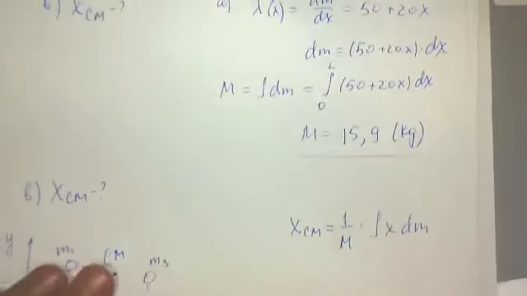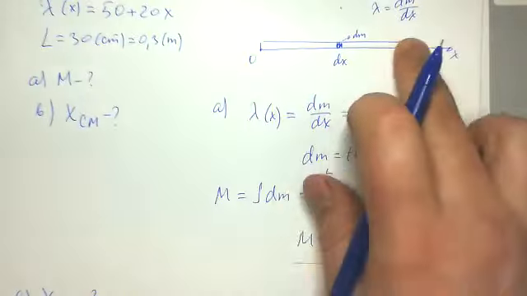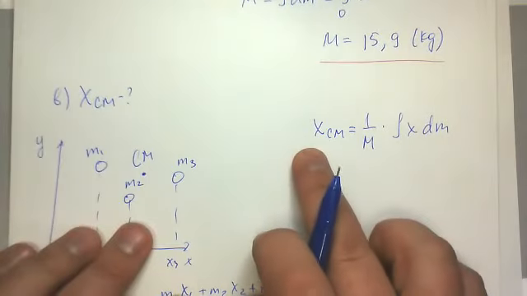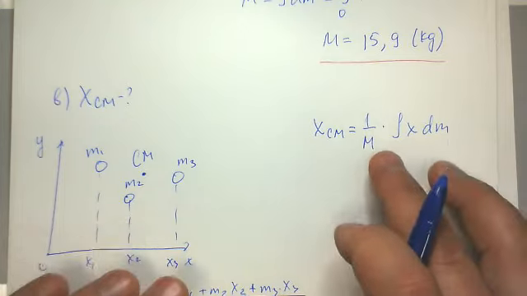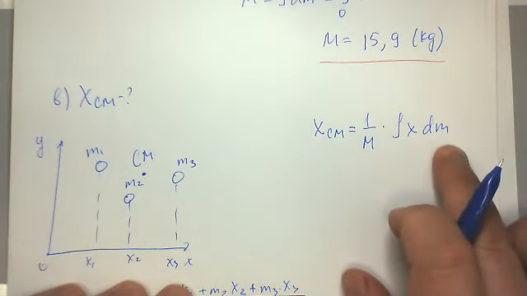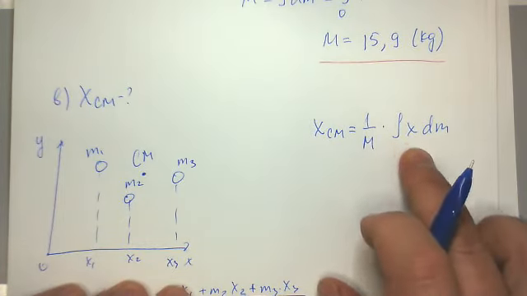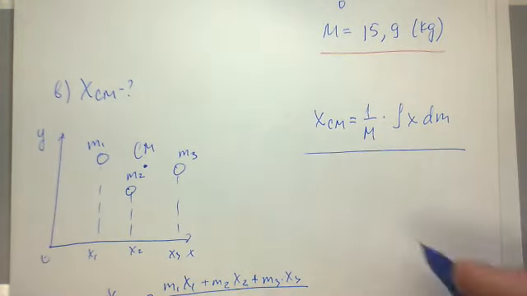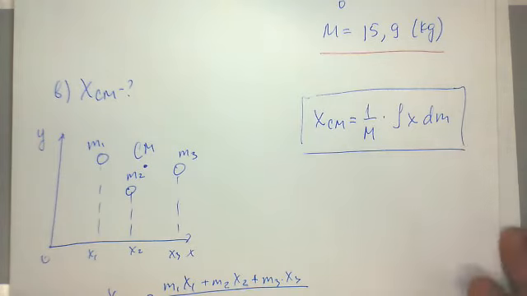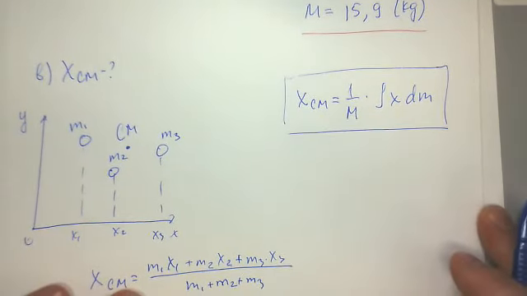In our case there is no y component since this is a rod, but for the y position of the center of mass of another object, you can also find it from that, by replacing x with y. So this is the definition for the x coordinate of the center of mass of a rigid object.